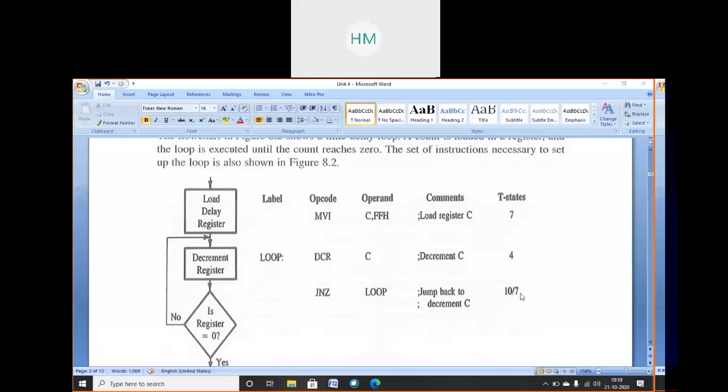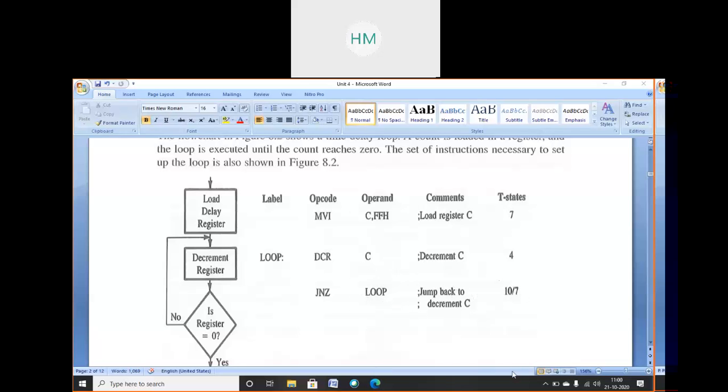What is the reply? 10 T states कब चाहिएगी? The larger value is applied when the condition is met. If it is yes, then 10. If it is not, then 7. Smaller T states are required when the condition is not met. When it is not coming out of the loop, it is going in the loop, it is 7. When it is coming out of the loop, larger value is required, that is 10.